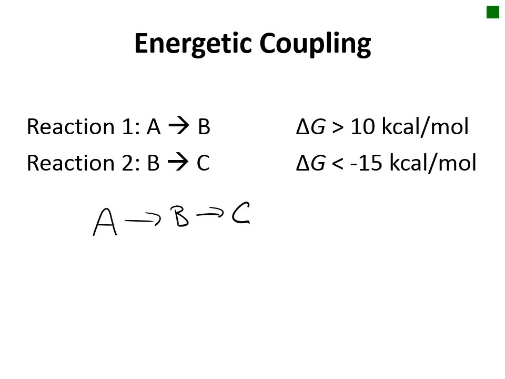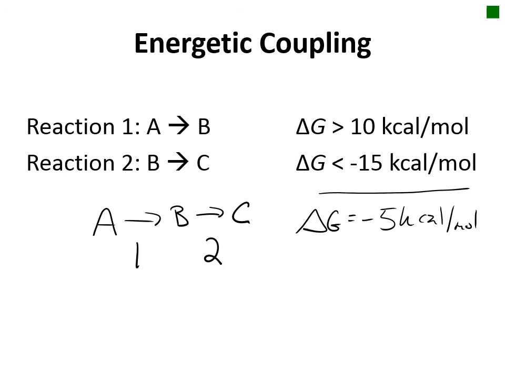The sum of reactions 1 and 2 must produce an overall negative delta G. For this example, plus 10 kcals per mole plus negative 15 kcals per mole leaves us with an overall delta G of negative 5 kcals per mole. Thus, reaction 2 can be used to power reaction 1.